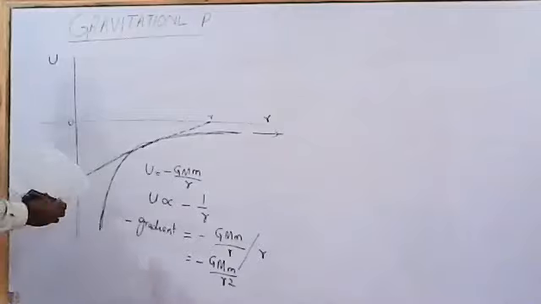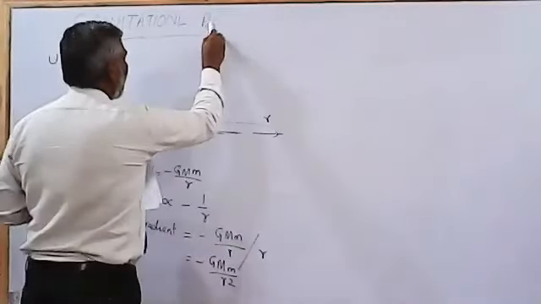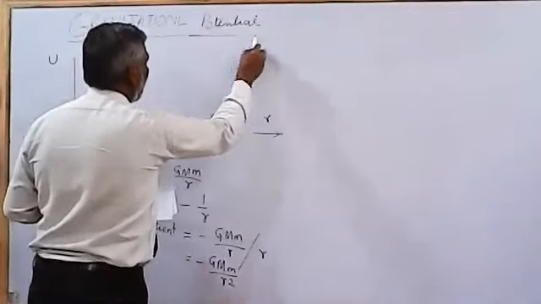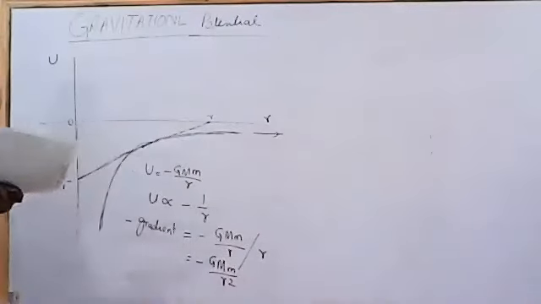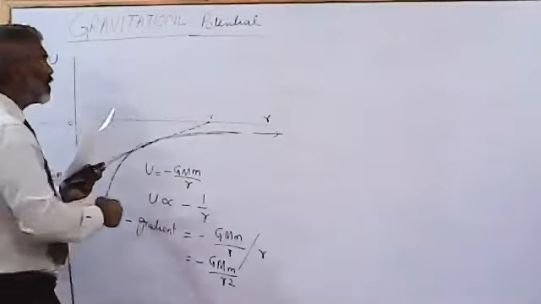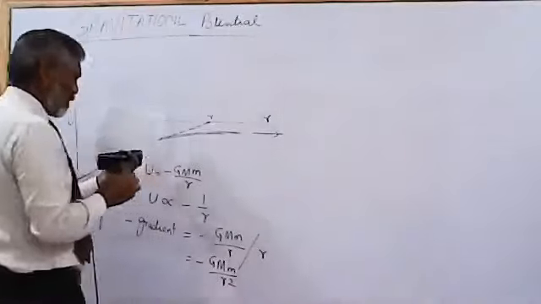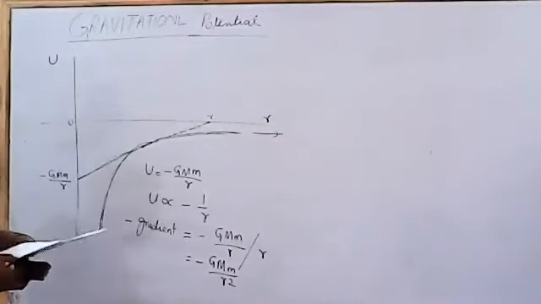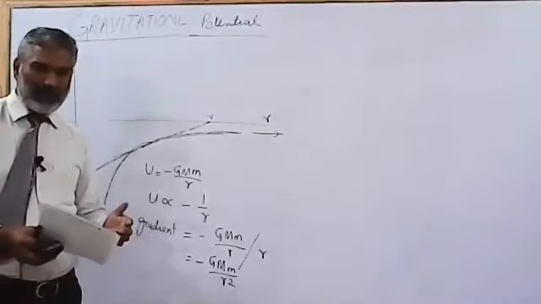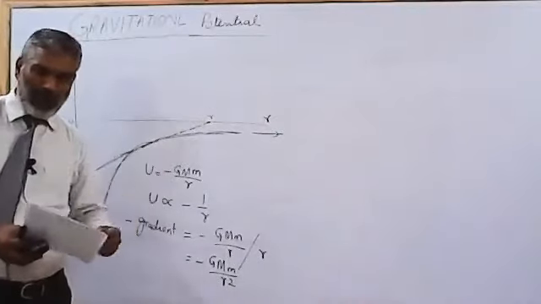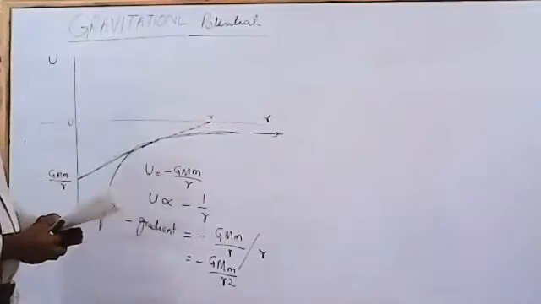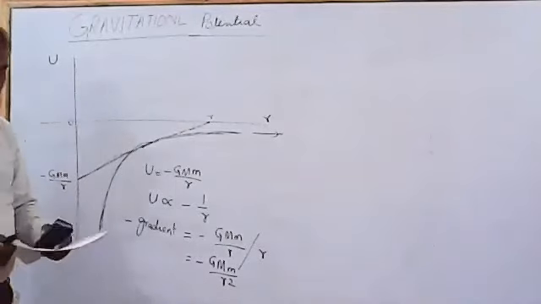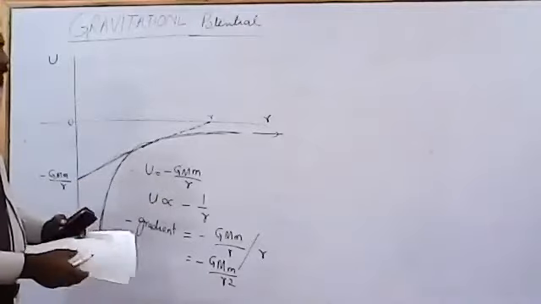Gravitational potential is defined as the work done in moving a unit mass from infinity to a certain point in the gravitational field. It is similar to the definition of gravitational potential energy, except for one word, and that is unit mass.